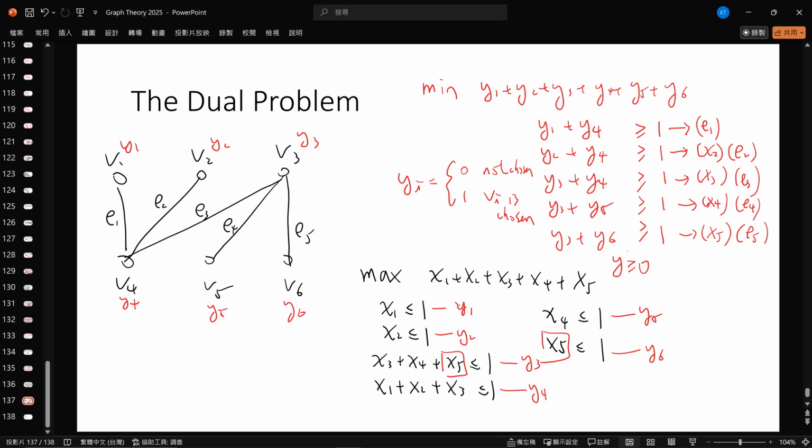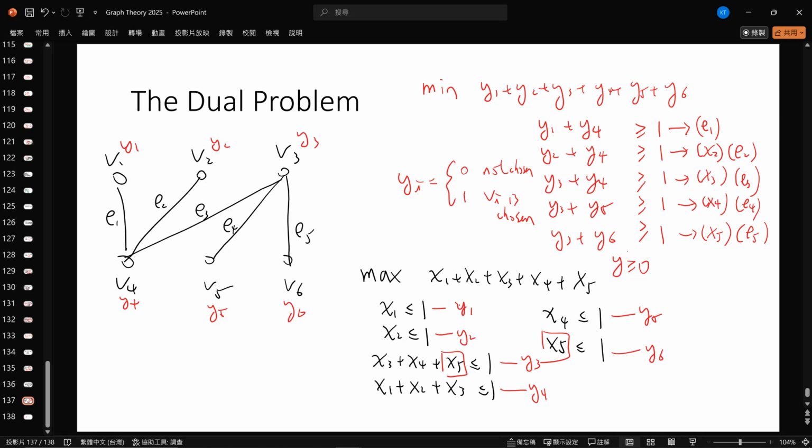So this means you have to pick V2 or V4, okay? You can pick both, okay? But you cannot ignore both of these endpoints. You have to pick at least one of them, okay? So the physical meaning of this dual problem is, well, at least from the constraint, you have to pick for every edge at least one of the endpoints.